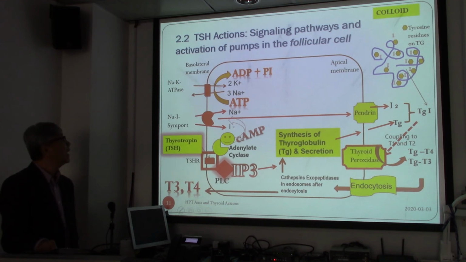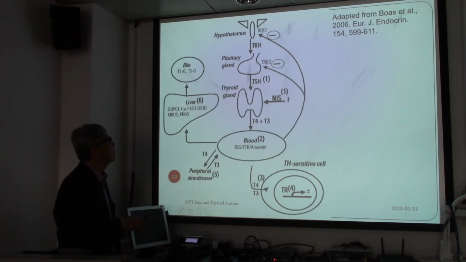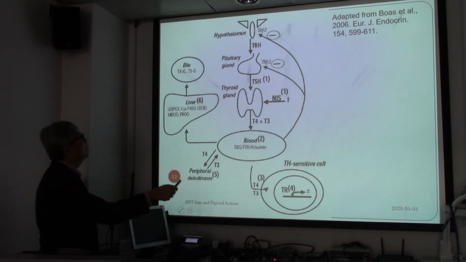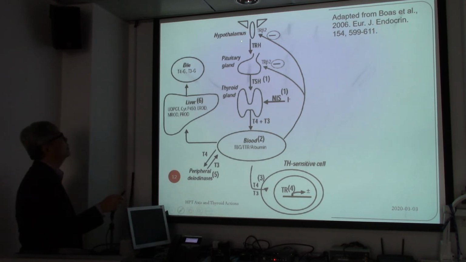Okay, so after that we have a larger picture from the hypothalamus, and then the TRH, Thyrotropin Releasing Hormone, going to the pituitary gland to stimulate the production of thyrotropin, which is also known as Thyroid Stimulating Hormone, TSH. So TSH goes into the thyroid gland to produce T3 and T4.